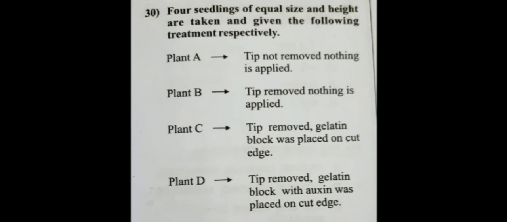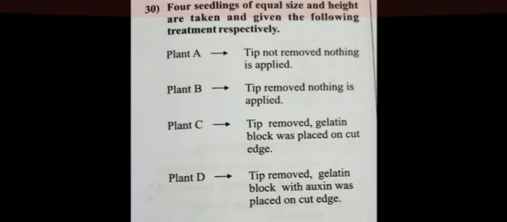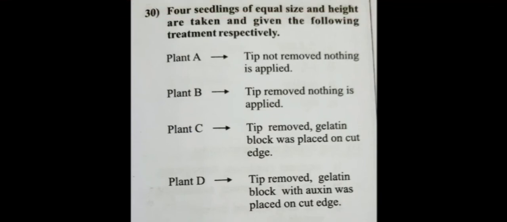Plant B, only the tip part has been removed. Plant C, tip is removed and gelatin block was applied. Plant D, tip removed, gelatin block with auxin was placed on the cut edge.